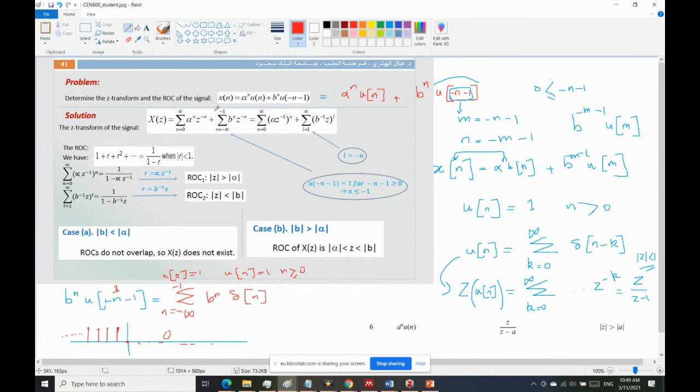So they went back to the original definition of u[n] to convert this into a sum, and then they work on it. So that's their idea.